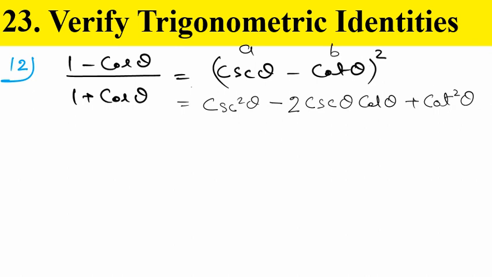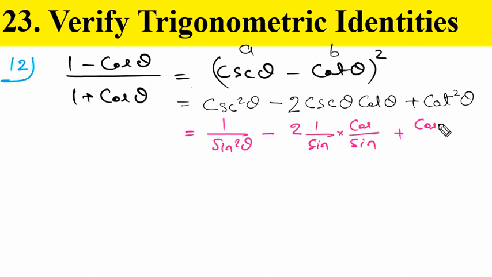Now what we can do after this, let's change this to sine. So cosec square theta is nothing but 1 over sine square theta, minus 2 times 1 over sine, and this is cos over sine, because cot theta is nothing but cos over sine.